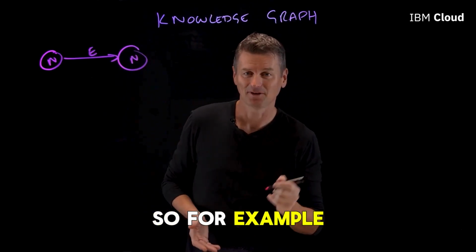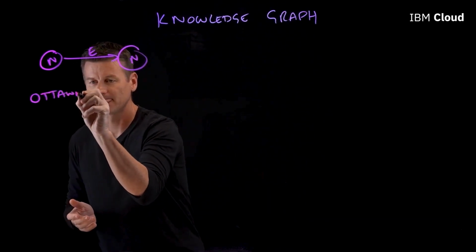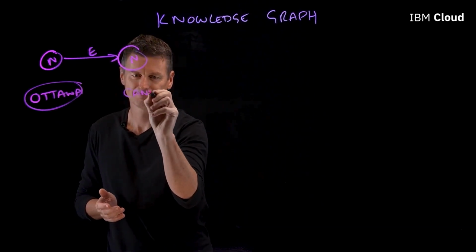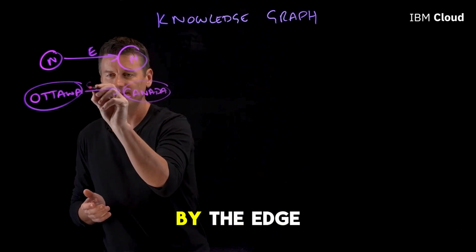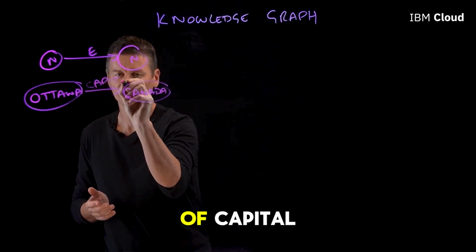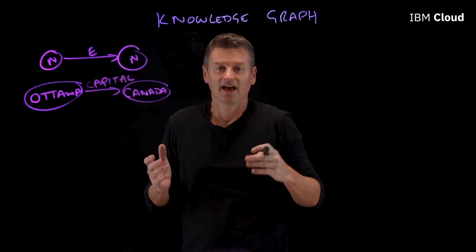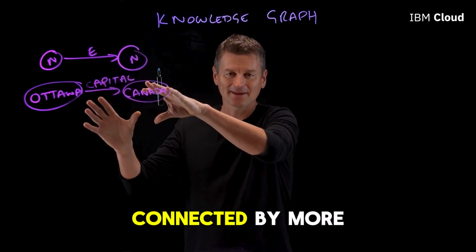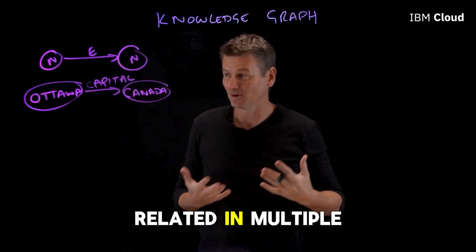So, for example, a node of Ottawa and a node of Canada might be connected by the edge of capital. And the thing here is that the pair of nodes can be connected by more than one relation if the two are related in multiple ways.